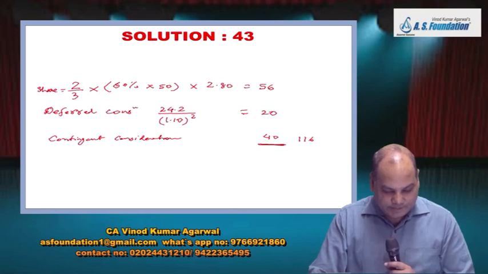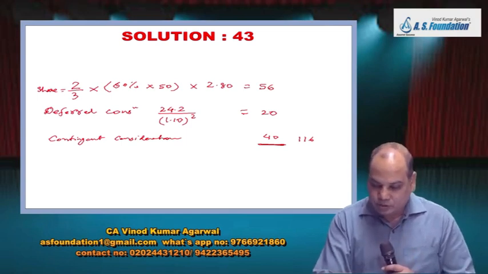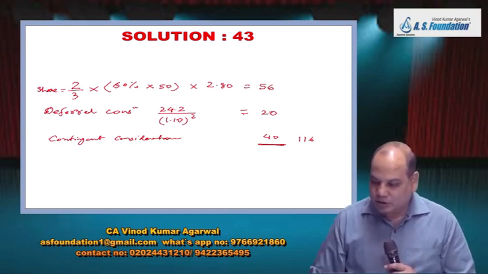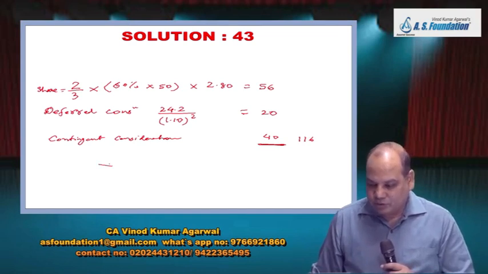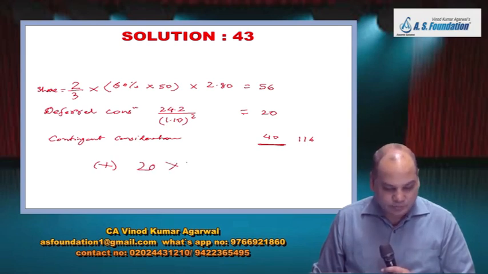Next line, Alpha has resolved to use the fair value method for measuring NCI when recognizing the goodwill on acquisition of Gamma. So now you have to add NCI also. How many shares are held by NCI in Gamma now? 20. And what is per share value of Gamma? 3.70.